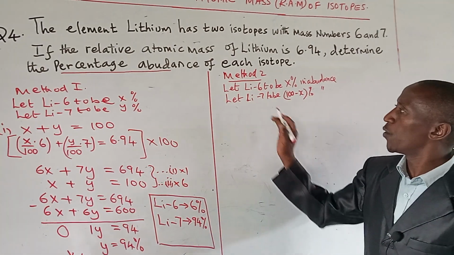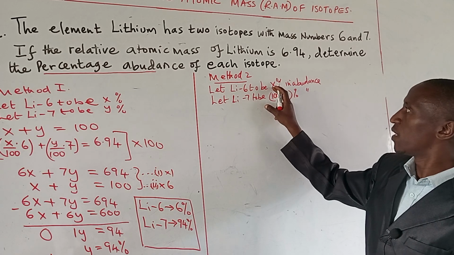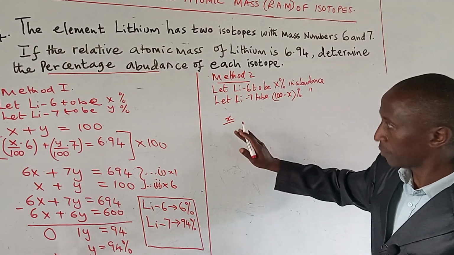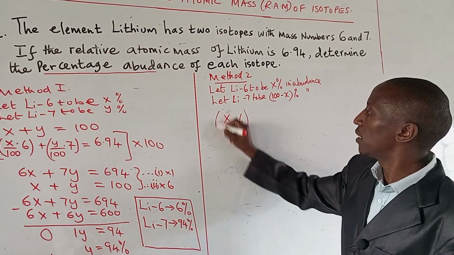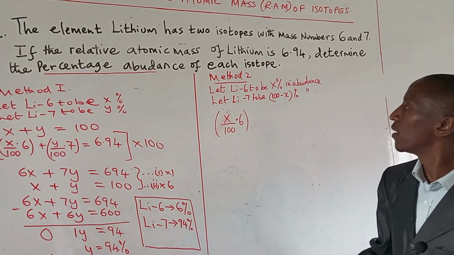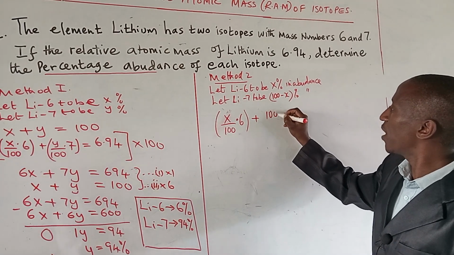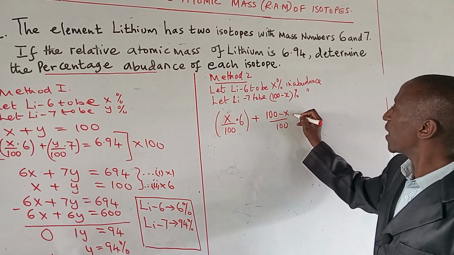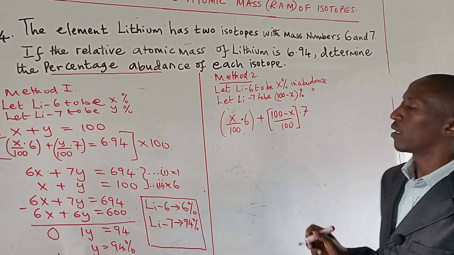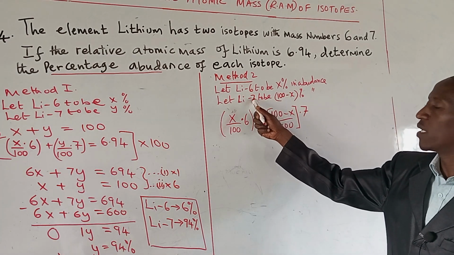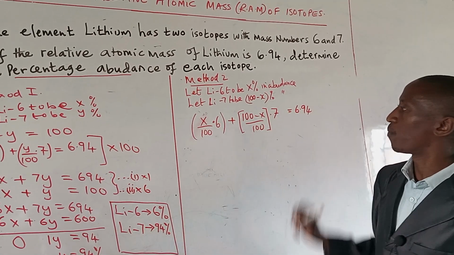That means we need only one line of our calculation, whereby we take on the abundance of lithium 6 as x all over 100, we multiply by its mass number 6, and then we take on the abundance left, that is 100 minus x, all over 100, multiplied by 7, the mass number of lithium 7, and that should give us 6.94.